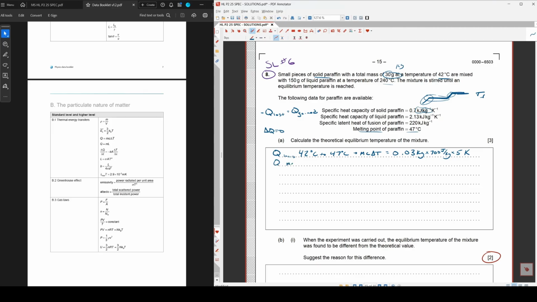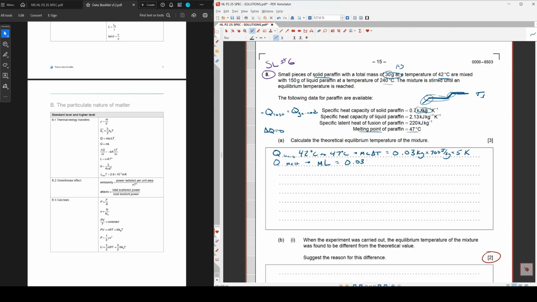Then I've got to melt it. So how much energy does it take to melt it? Well, that's Q equals ml. That equation just tells me how much energy it takes to melt or change the phase of a certain amount of stuff. These equations all vary, you've got to apply them. They just tell you how much energy different things cost, and you've got to think about what's happening to add up all the costs.